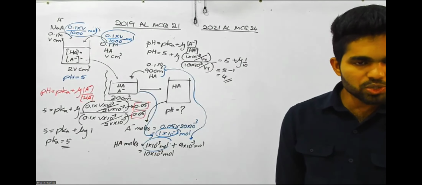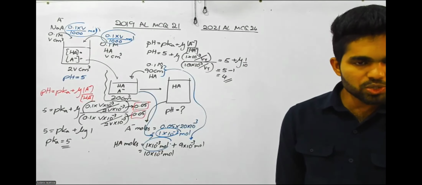So when HA is added, the pH decreases by 1 unit. Therefore, the final pH should be 4.